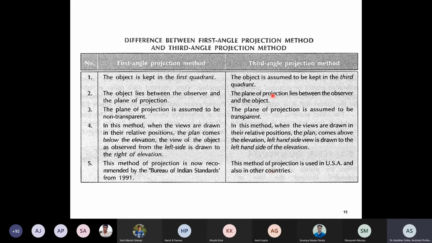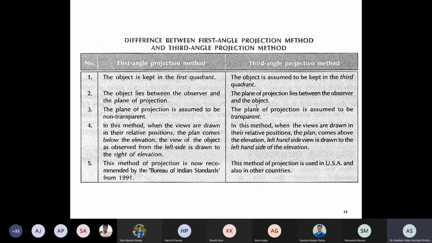Okay, now let us look at the difference. So first angle means the object is in first quadrant, third angle means object is in third quadrant. First angle, as I explained, the object lies between the observer and the plane of projection. Your plane is behind the object. While in third angle, the plane of projection lies between observer and object.